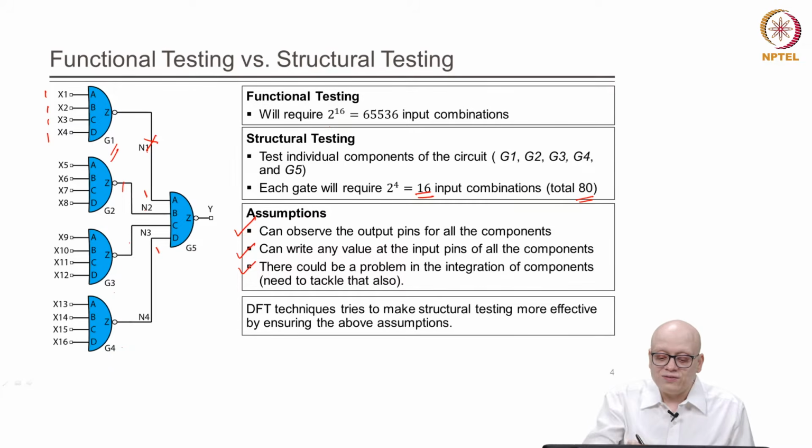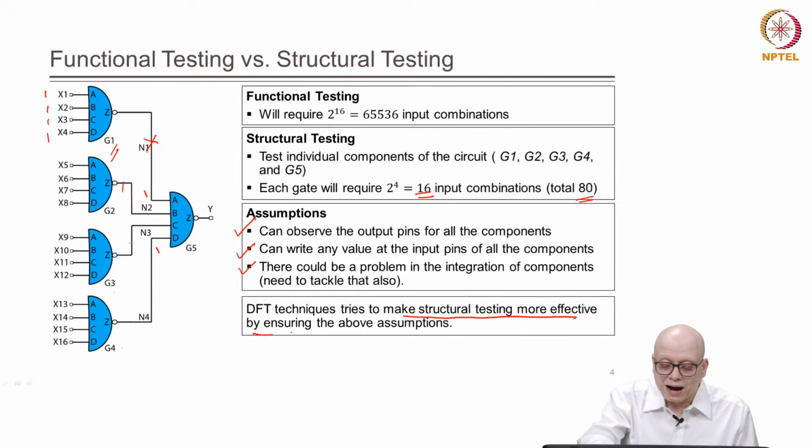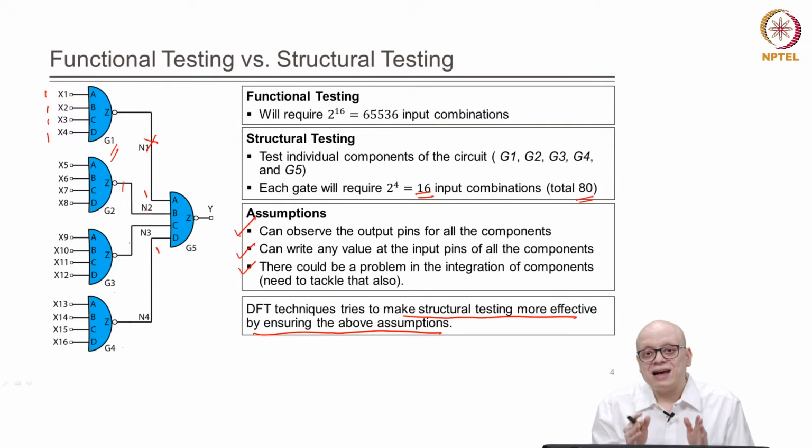So, the goal of DFT techniques is to make structural testing more effective by ensuring that these assumptions hold, right. We can easily control the internal signals, easily observe the internal signals, and also verify the interconnections between the components. How these DFT techniques ensure that these assumptions are valid, we will see in today's lecture and in the subsequent lectures.